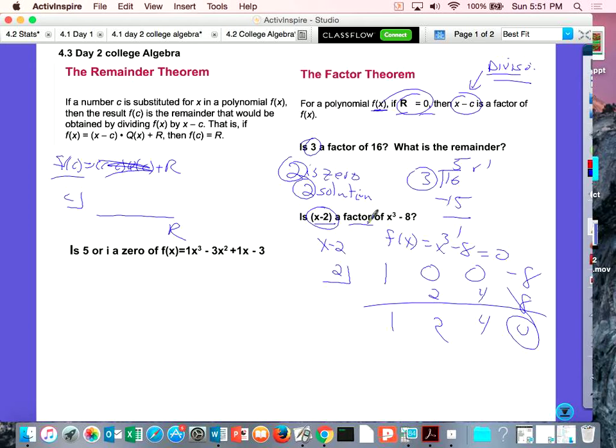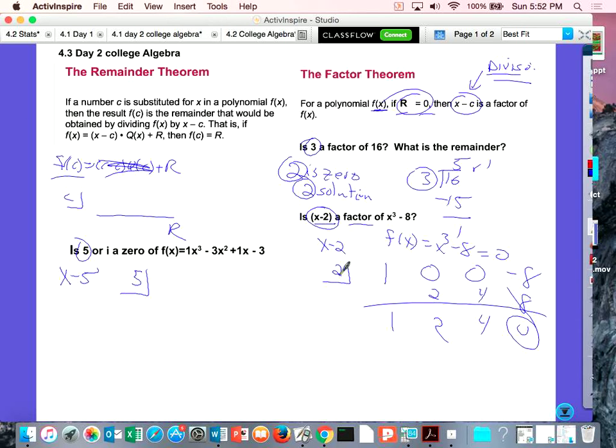Okay? So over here, the question is, we're going to do 5 first, is 5 a factor or is this a 0 of this? So for 5 to be a 0, x minus 5 would have to be a factor. So people always wonder, when do I switch? The only time you switch the sign of the number that you're dividing in here is if they give the factor to you, or if you have the solution and you want to find the factor.